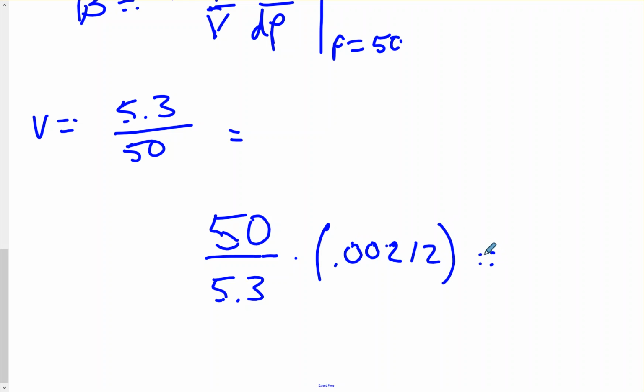Okay, multiply it all together. So we get 0.02 meters cubed per kilopascal per meters cubed.